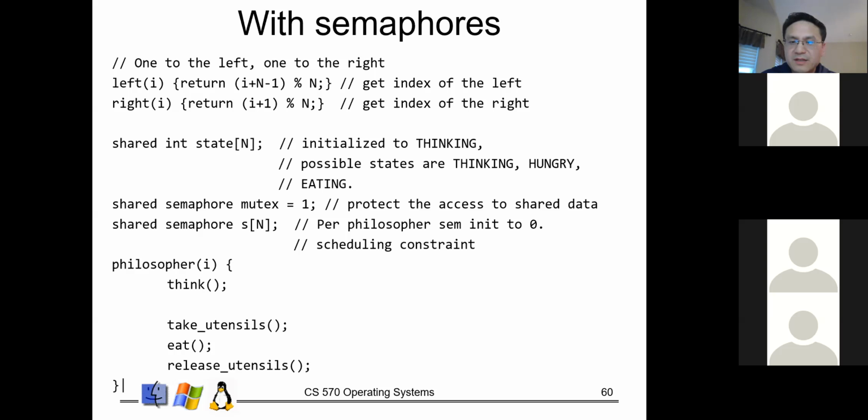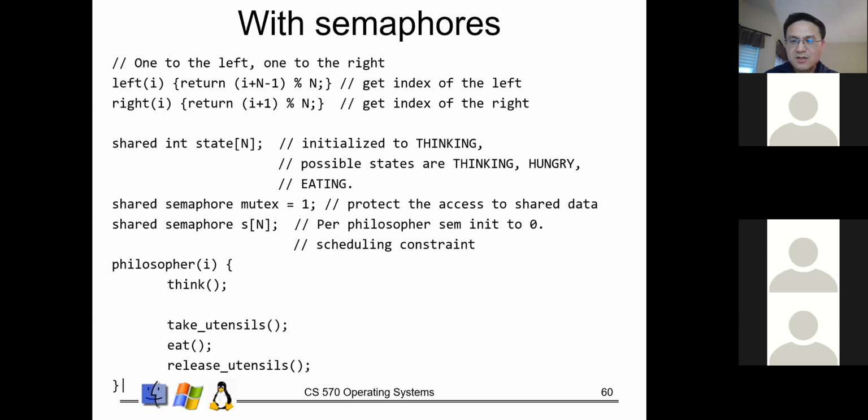So first, what would be the condition that makes a philosopher able to eat? When a philosopher is able to eat, it needs to acquire both utensils on the two sides of the philosopher at the same time.